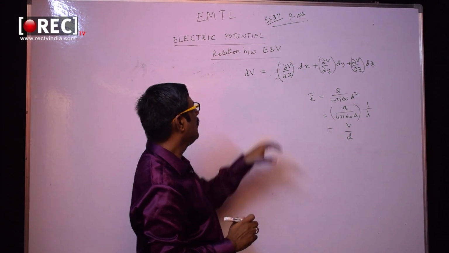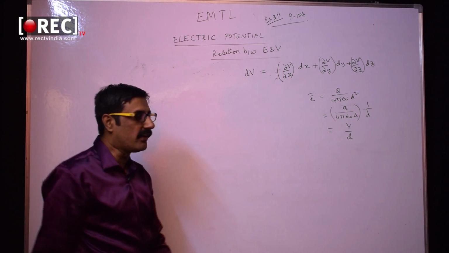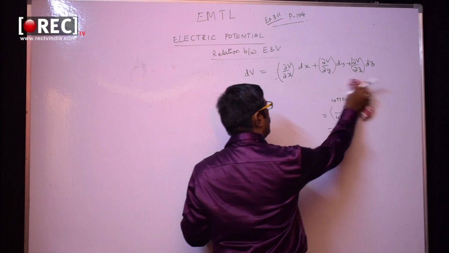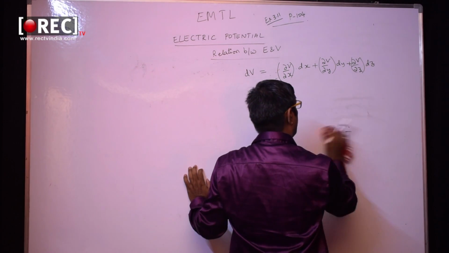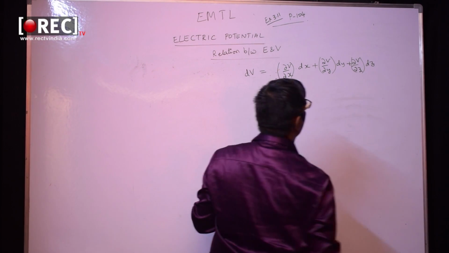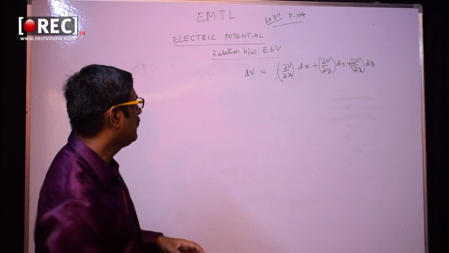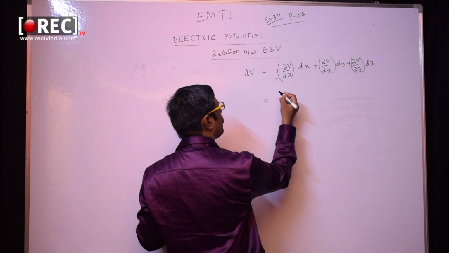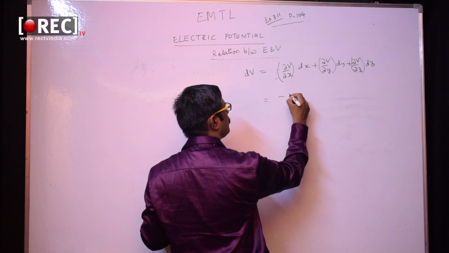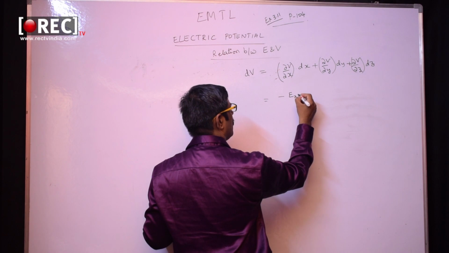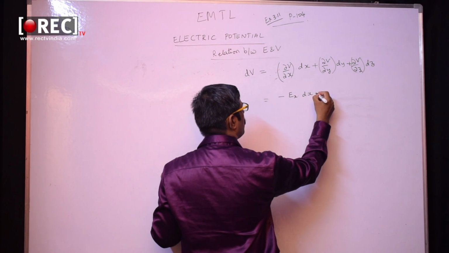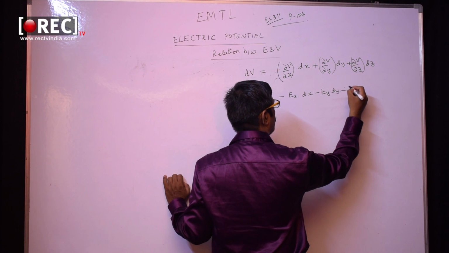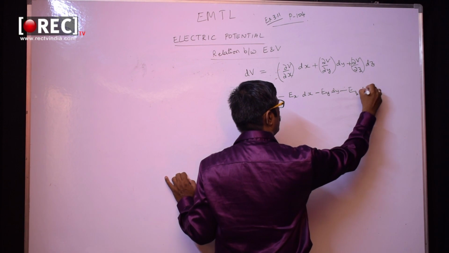In a similar way, ∂V/∂x is the electric field intensity in the x direction, ∂V/∂y is the electric field intensity in the y direction, and ∂V/∂z is the electric field intensity in the z direction, of course with a negative sign. So I can write it as minus Ex into dx plus minus Ey into dy plus minus Ez into dz.